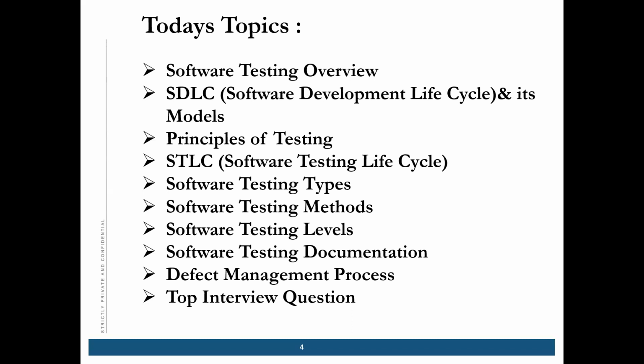Third point is, whatever requirement they have given, we should deliver the same type of product. So expected and actual results should be closer. You cannot say that whatever they expect we deliver 100%, but it should be closer and closer to what they are expecting. And always try to give them a good quality product.